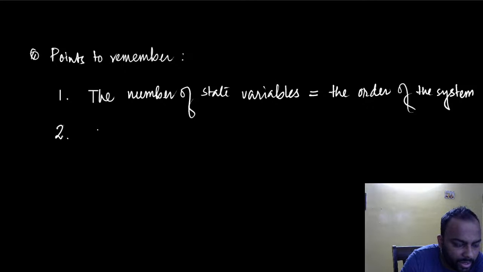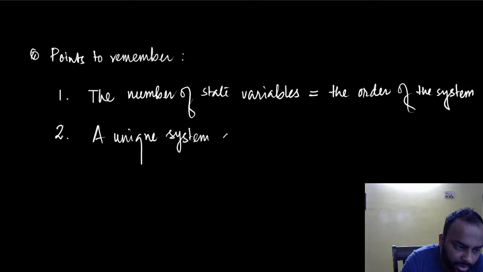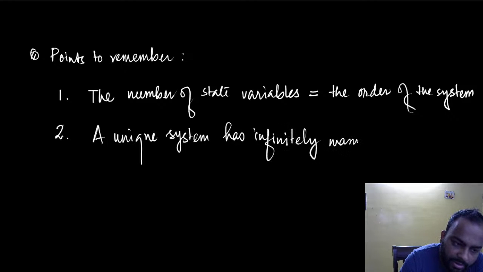A unique system, so basically the same system, has infinitely many equivalent state space representations.